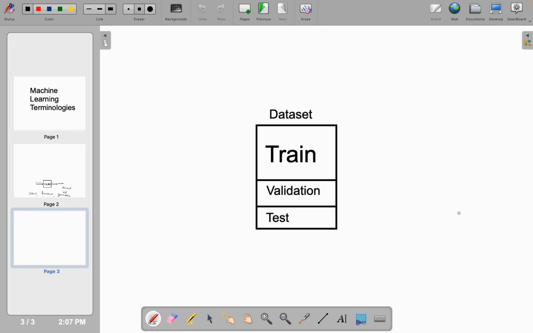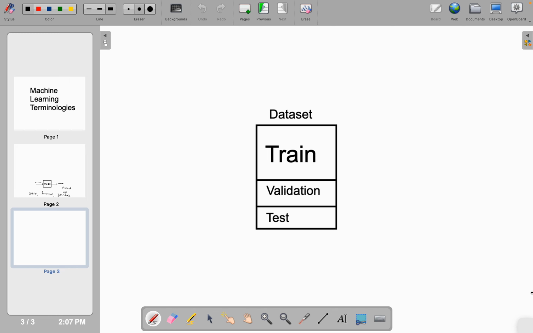What is our data set? We can consider the data set as a whole textbook, right, from which the model can learn. Whenever we are training a machine learning model, first we divide our data set into three parts: training, validation, and test sets, right? Let's first understand the train set.